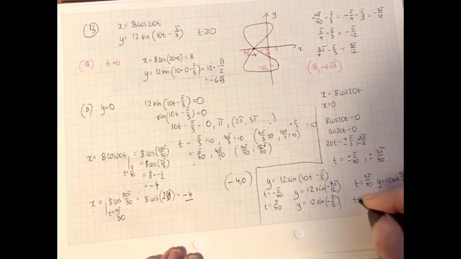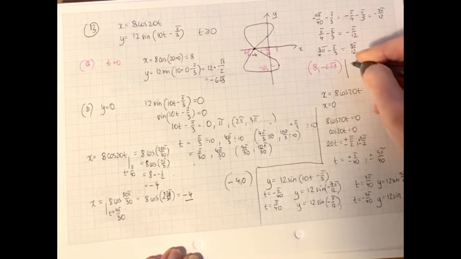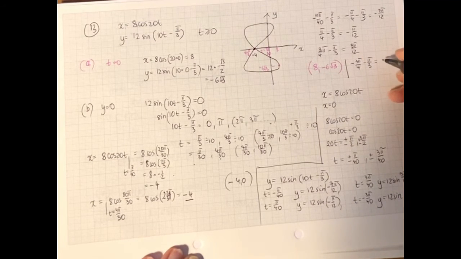And the last one, minus 3 pi over 40, will give us 12 sine. So this one here will put minus 3 pi over 4 minus pi over 3. You do it all on the calculator, by the way. So that's going to be minus 9 and minus 4, minus 11 pi over 12.